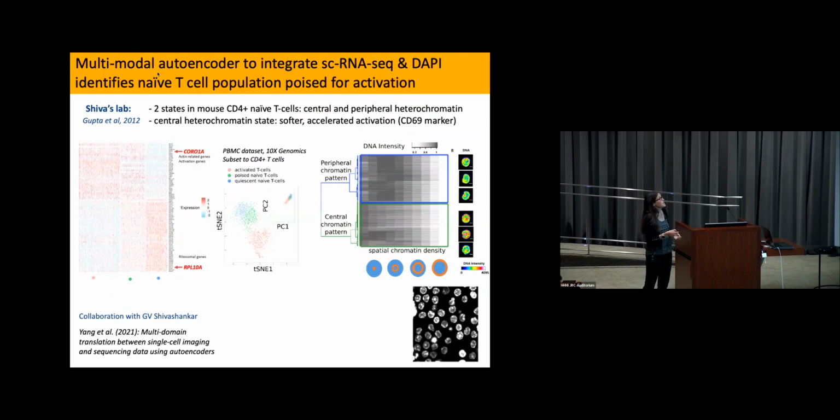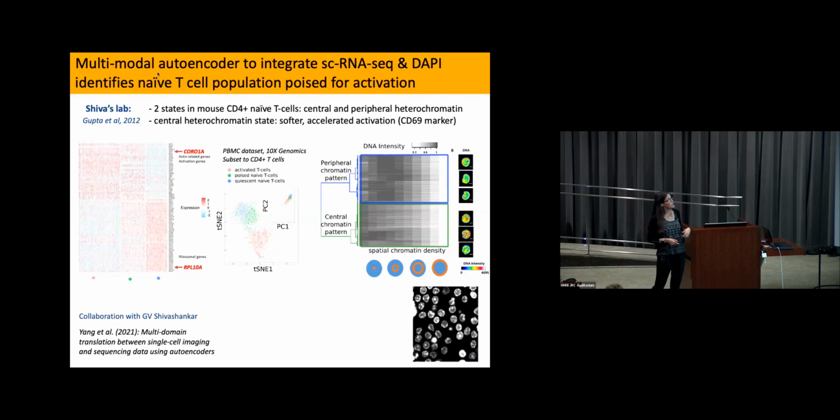In addition, he also saw that these T cells with heterochromatin centrally are softer. And there seems to be a functional relevance to having heterochromatin in the center, because the softness also means that you can traverse quicker, and you also show accelerated activation.